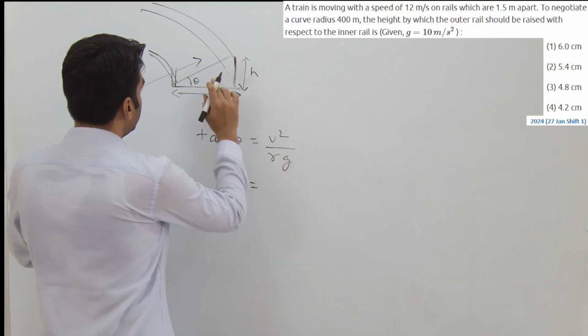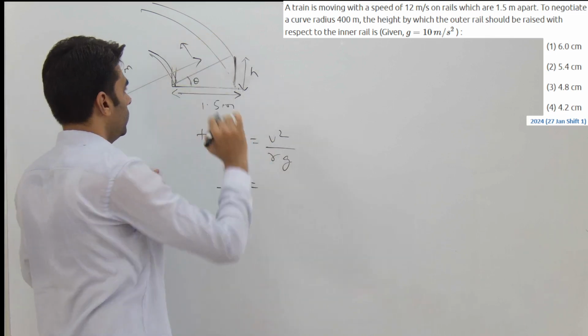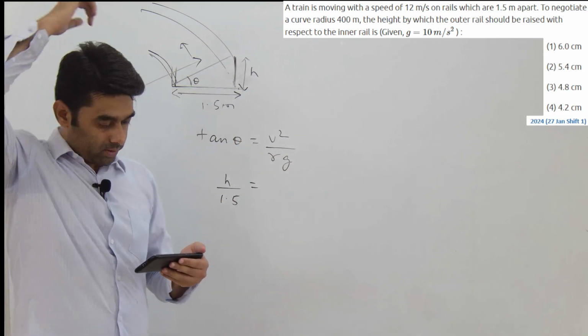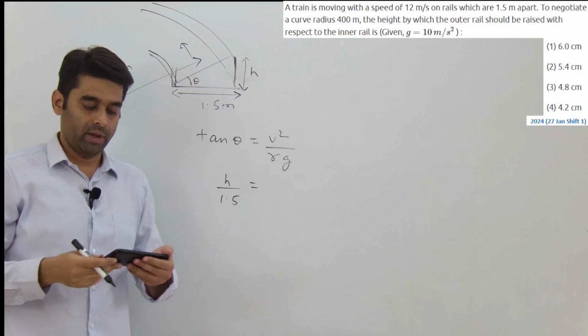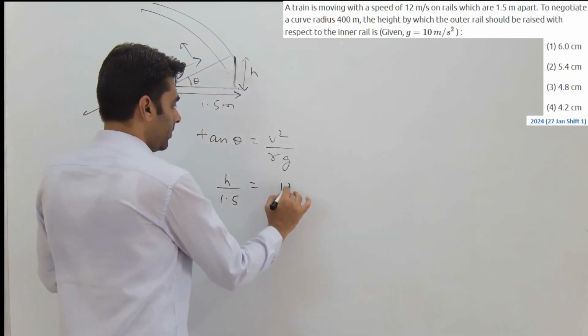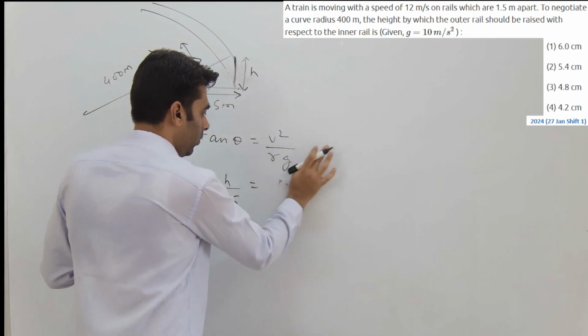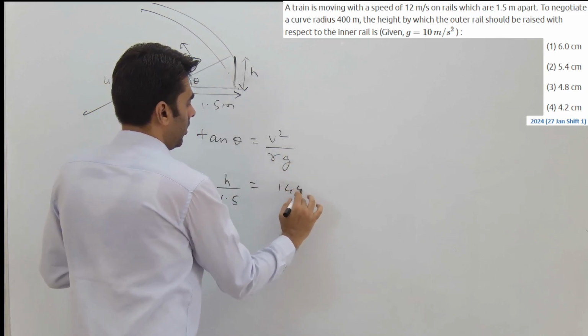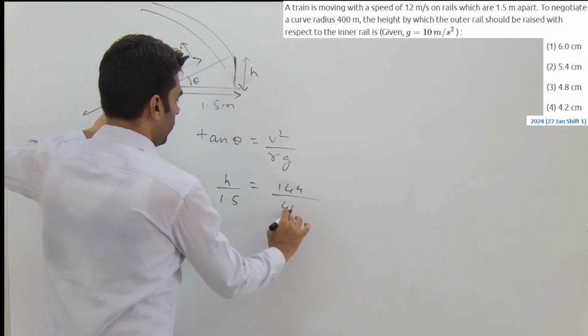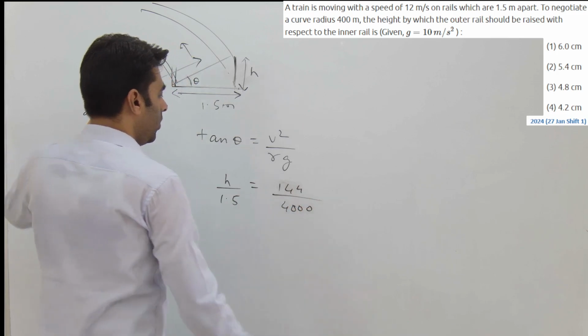This is equal to v square by rg. What was the value of velocity given? 12 meter per second is given. 12 square is 144, divided by r into g, that is your 400 into g, that will be your 4000.